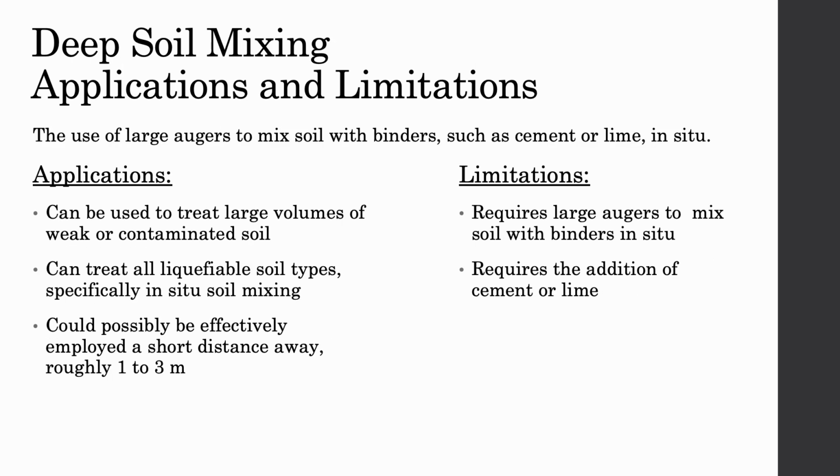Finally, the last method of ground modification is deep soil mixing, which is the use of large augers to mix soil with binders such as cement or lime in situ.